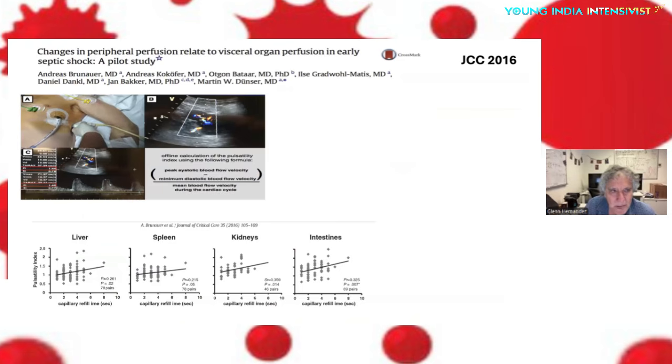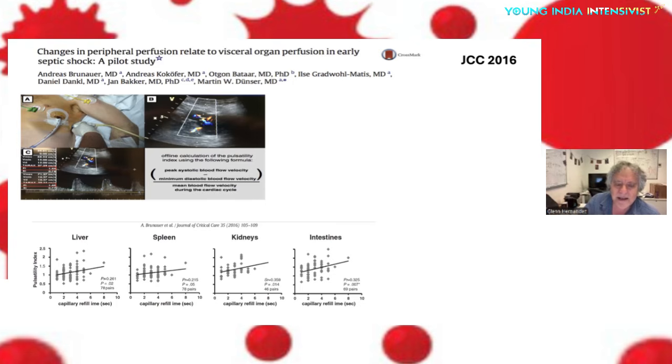I will skip that one. And also, the perfusion of the skin, obviously, from a physiological point of view, is related to the perfusion, for example, of the hepatosplanchnic region, the kidneys, the liver, because the same neurohumoral response that takes flow away from the skin takes flow away from the hepatosplanchnic region during shock to redistribute it to the active muscles, the heart, and the brain.